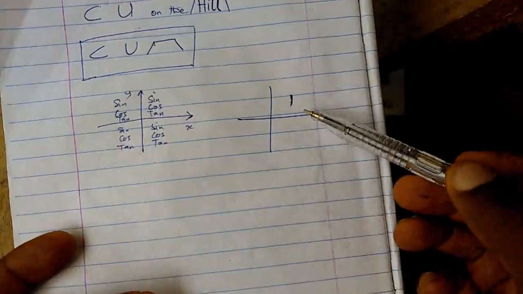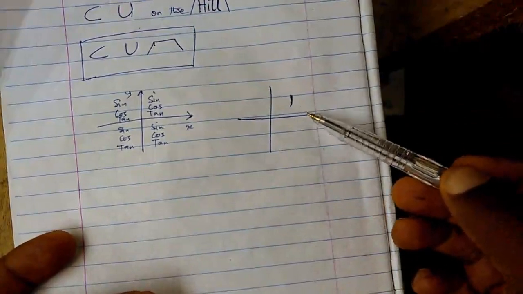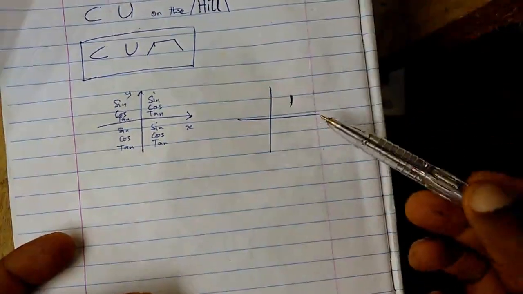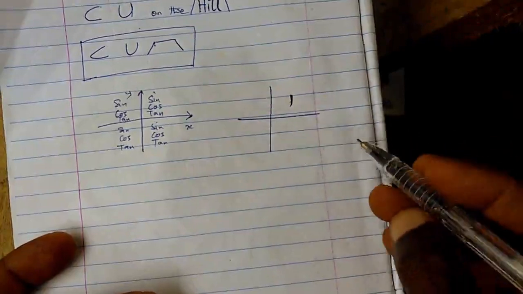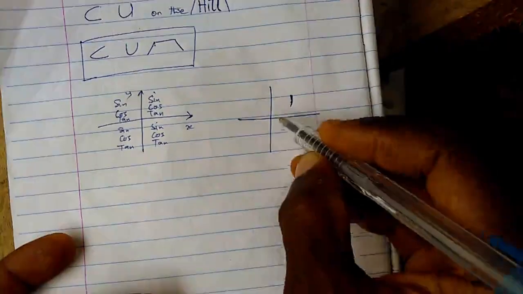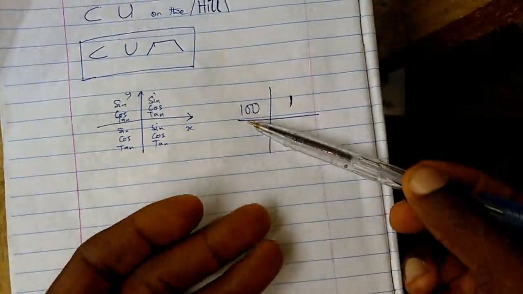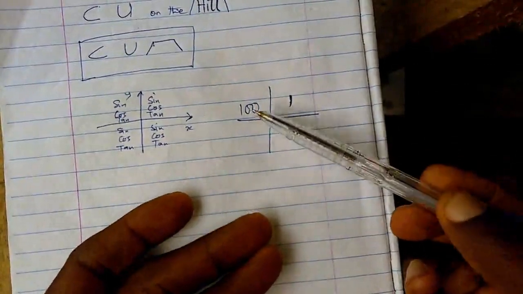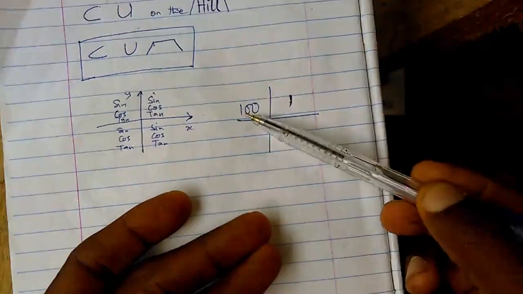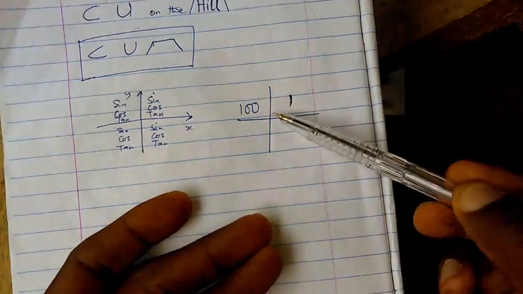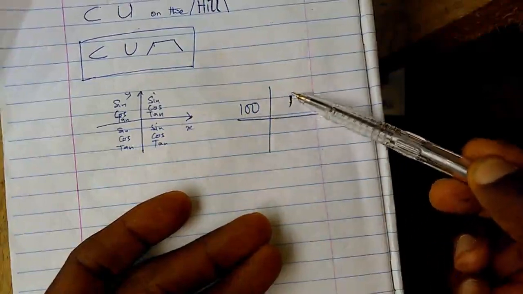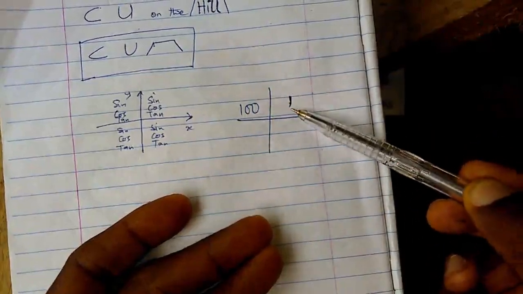Whatever you can do with sine any number from 0 to 90, you can also do with others. Now, if I have, for example, sine 100, it has come to another quadrant, but the result is similar to the result of one of the angles in the first quadrant.